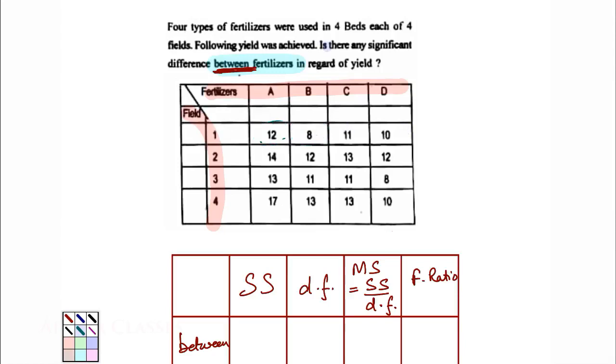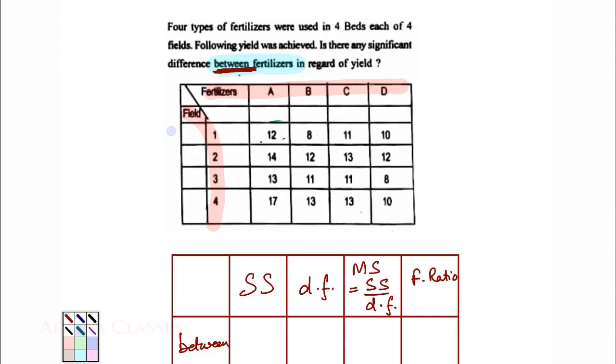Now, is there any significant difference between fertilizers? Important word, between. And between whom? Fertilizers. So this is very important. Between fertilizers means between A and B, between B and C, between C and D, and whatever between, but between fertilizers.